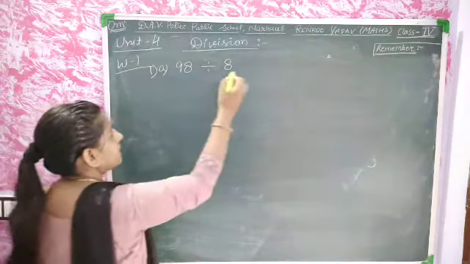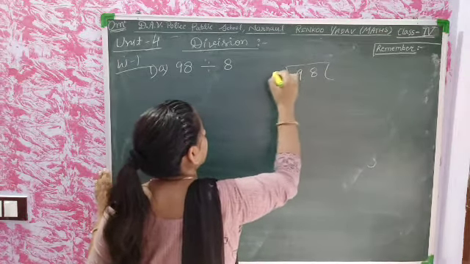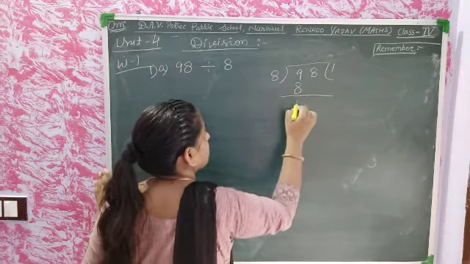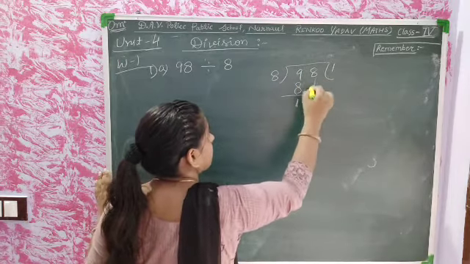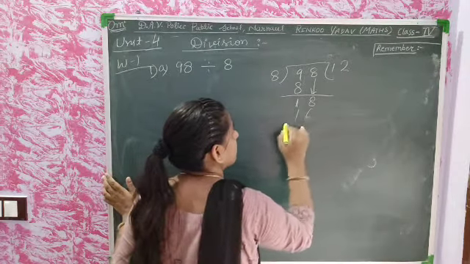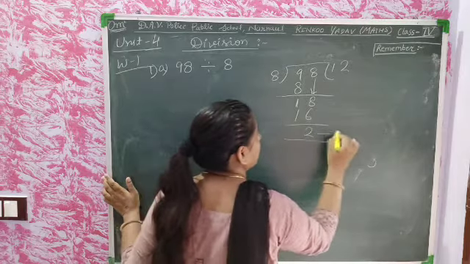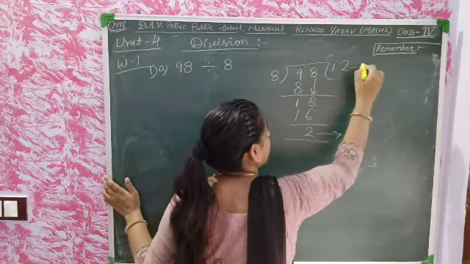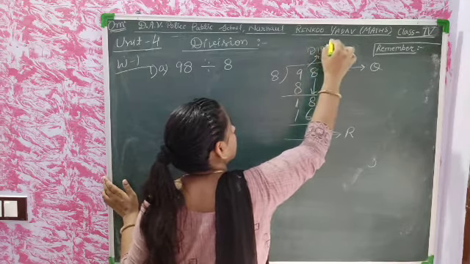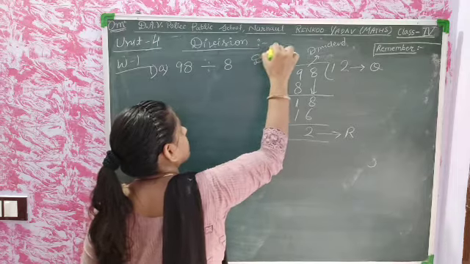Divide 98 by 8. 8 1s are 8. 9 minus 8 is 1, and this is 8. 8 2s are 16, and it is subtracted here. This will get 2. This is the remainder, and this is the quotient. This is the dividend, and this is the divisor.